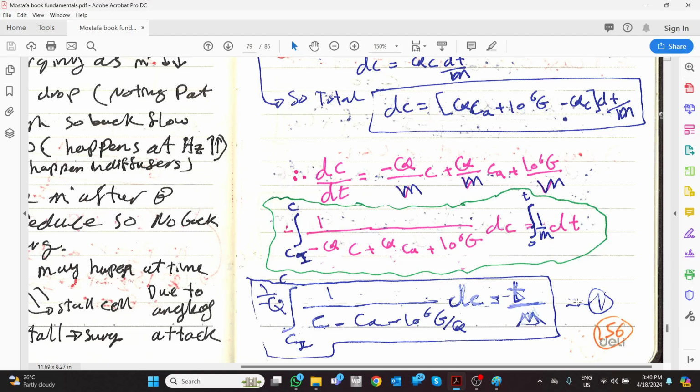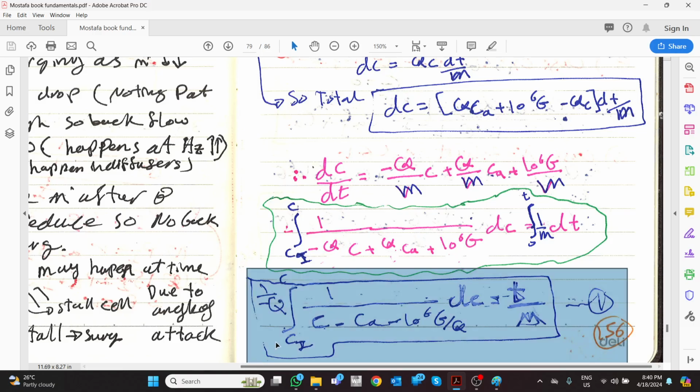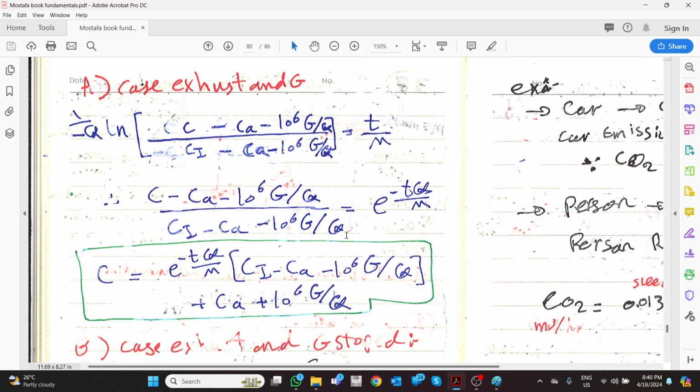This equation is very important, and this is the main equation that we're going to deal with.